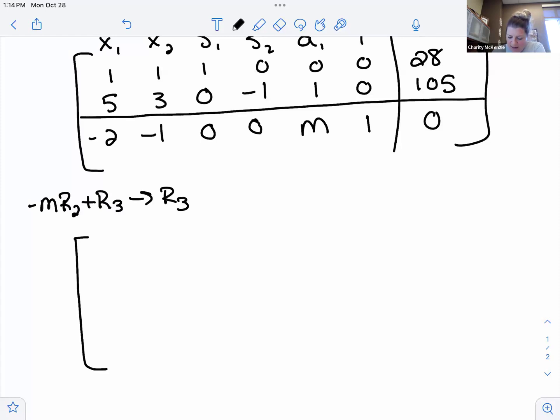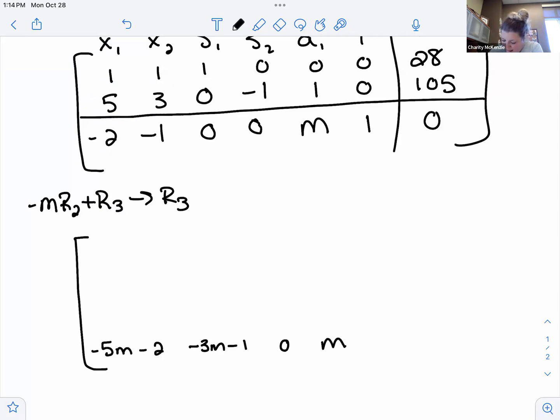All right, so 5 times negative M is negative 5M. So this is negative 5M minus 2, right? Because you take negative M times 5, negative 5M, minus 2. So similar to this one, I'm going to get negative 3M minus 1, and then I get a 0.